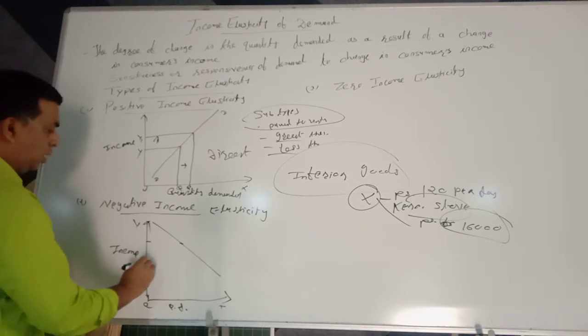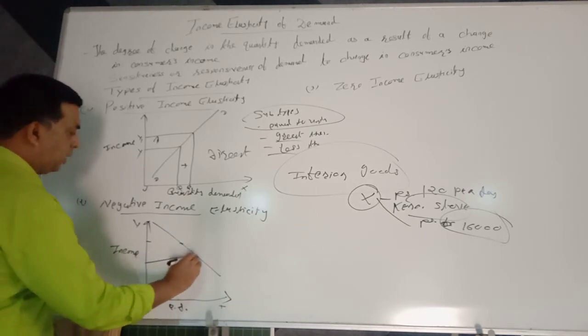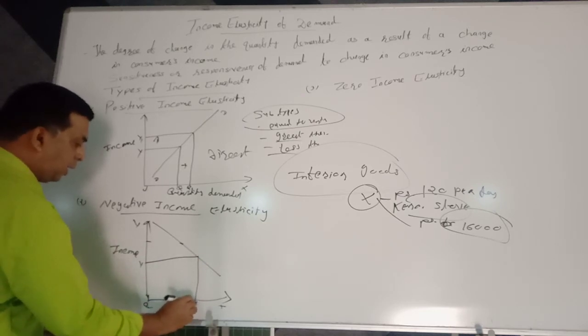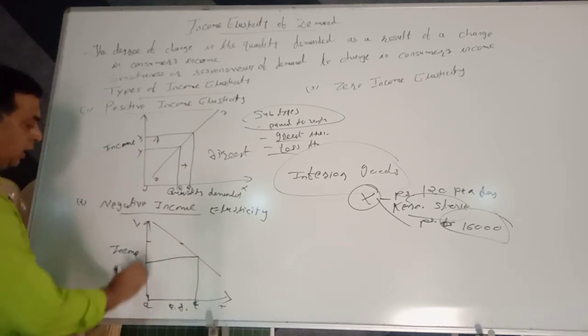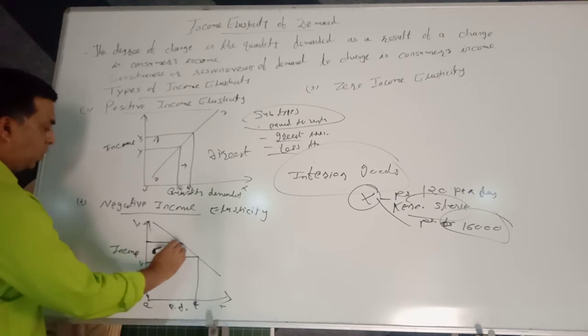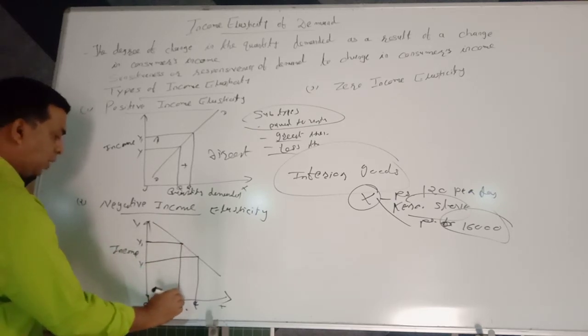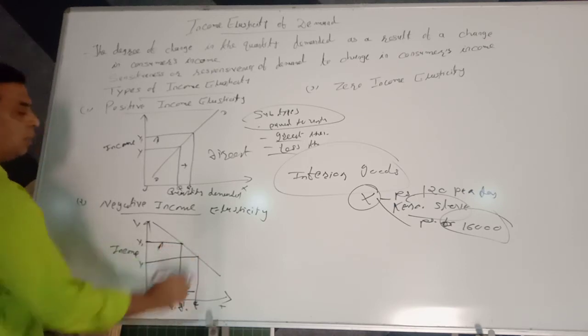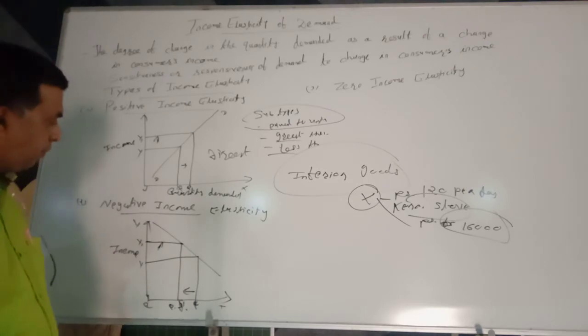Suppose the original income of the consumer is OY and the original demand for the product is OQ. As income of the consumer increases from OY to OY1, demand for the particular product falls from OQ to OQ1. Income increases, demand decreases, so it is a negative relation.